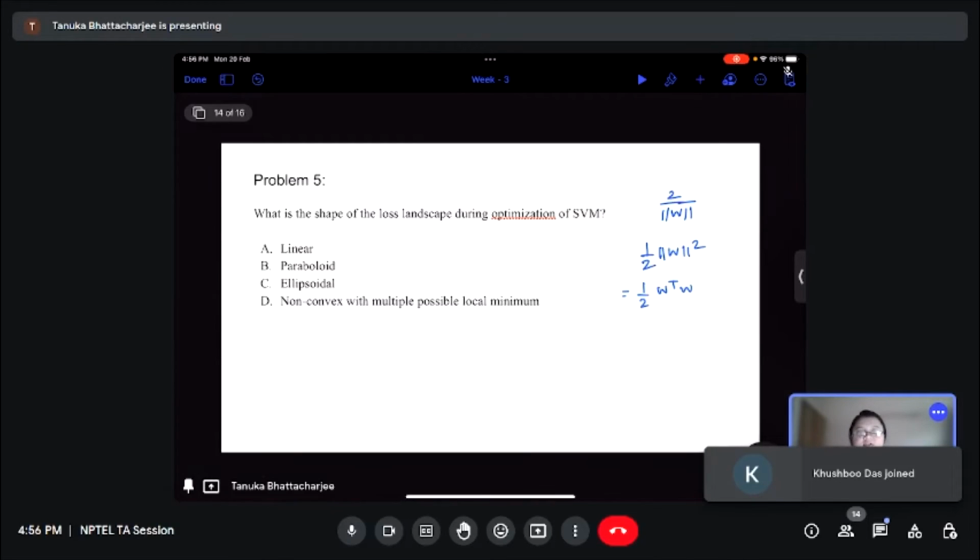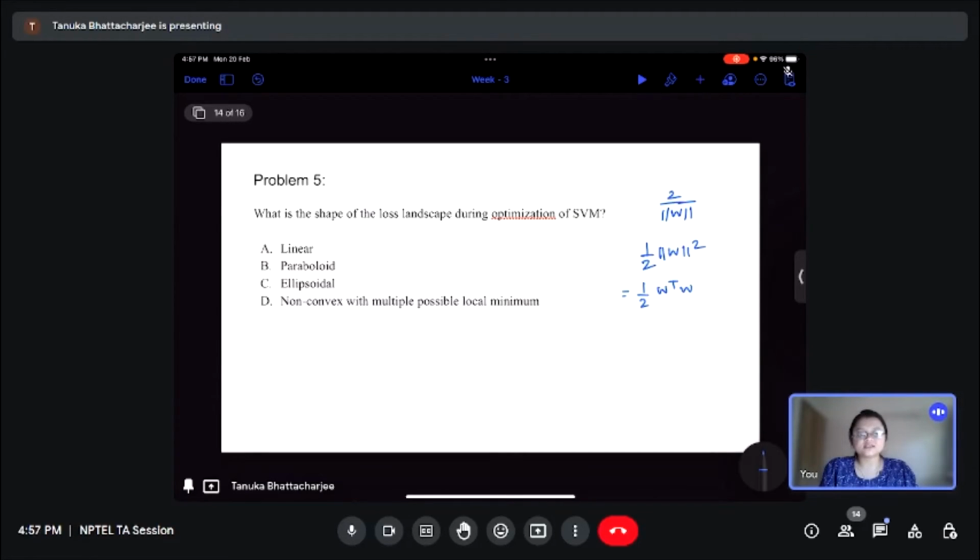So this is, as you can see, a quadratic optimization problem, and since it is a quadratic optimization problem of this form, half of W transpose W, it will have the shape of a paraboloid. For example, in the 1D case it's W square, and if you plot W square against W, you get a parabola shape.